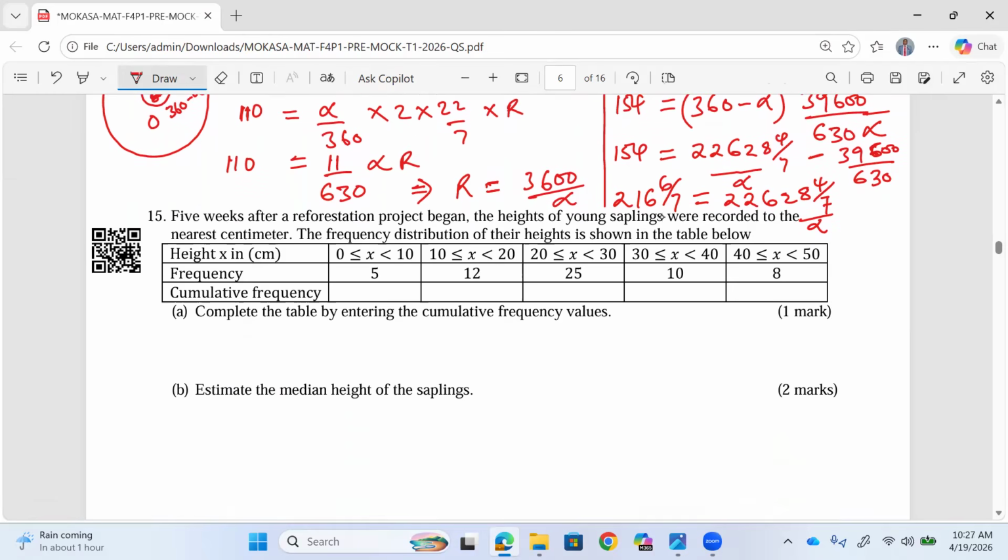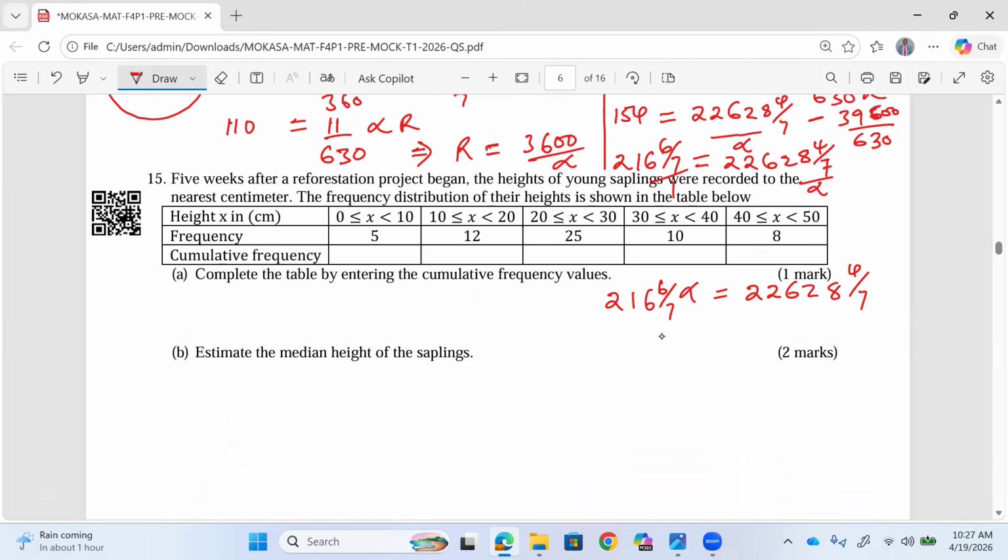So we can now cross multiply by the alpha, so that you have 216 6 over 7 alpha being equal to 22,628 4 over 7. So how can we remain with alpha? Division.